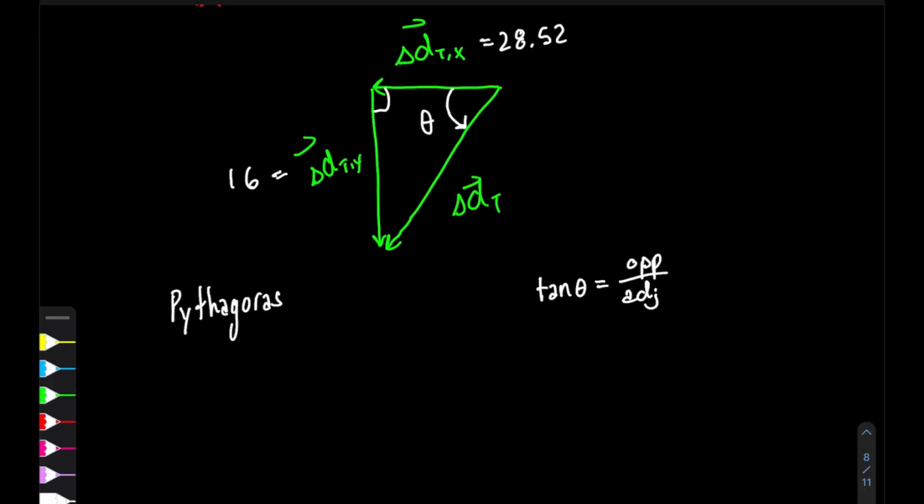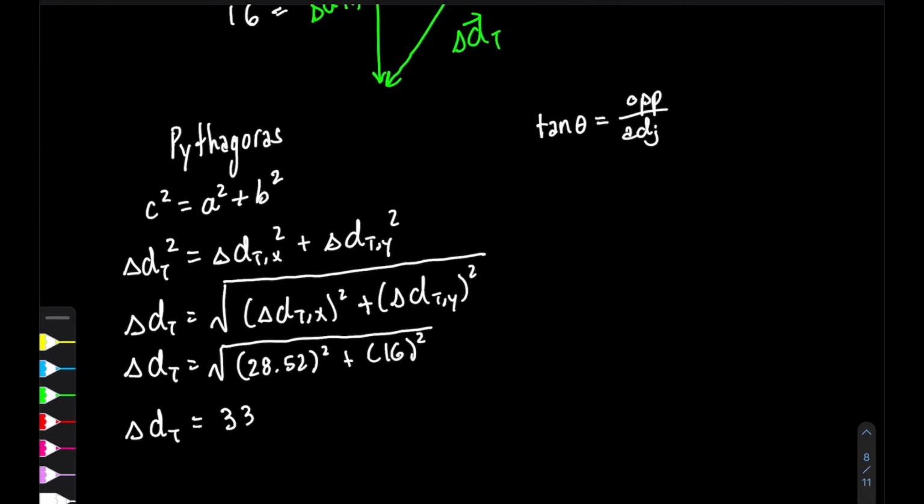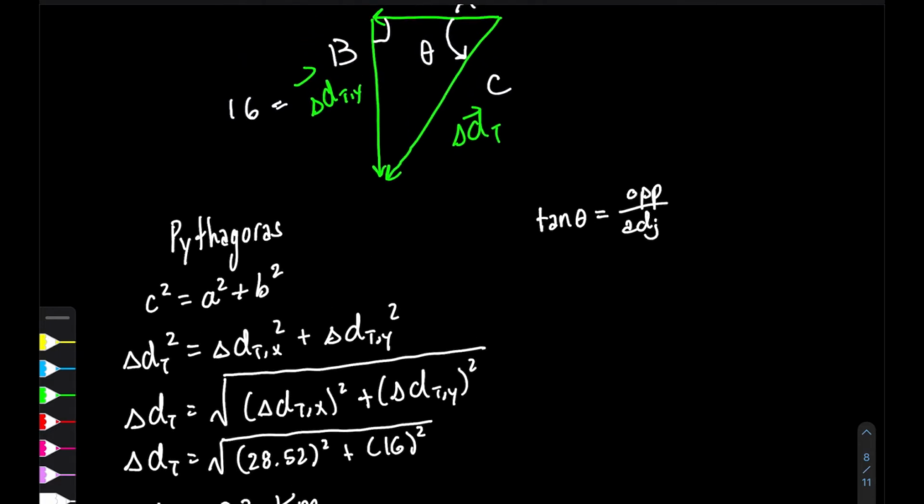So if we're going to use Pythagoras, recall that it's c squared equals a squared plus b squared, because we're dealing with right angle triangles, where c is the hypotenuse and we have a and b as the other two sides. So delta dt squared, we get approximately 33 kilometers. You could verify that for yourself.